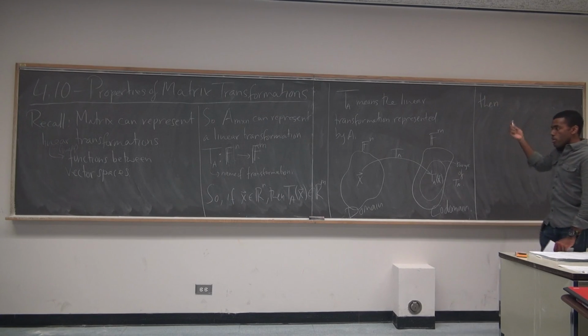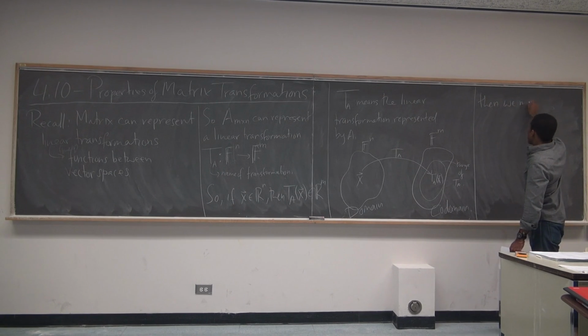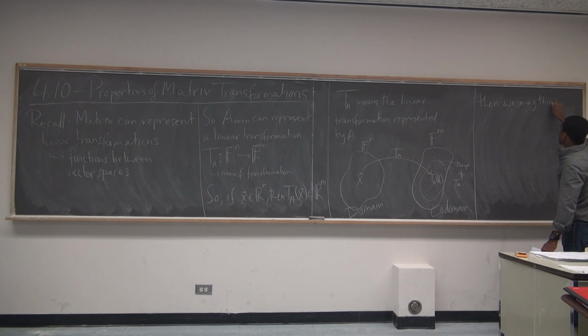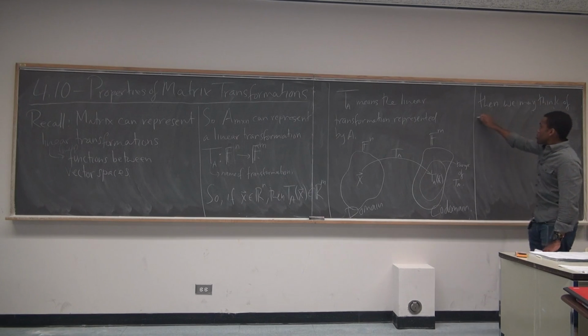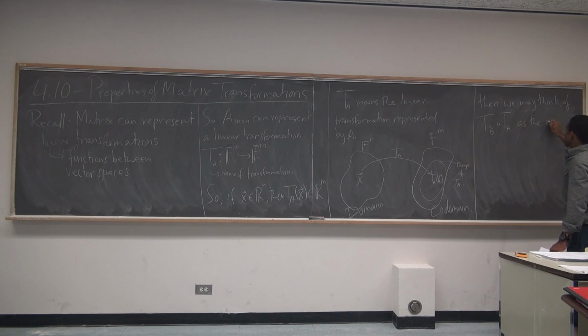Then, as I mentioned before, matrix multiplication is really just composition of functions. Then we may think of something like TB composed with TA as the matrix.